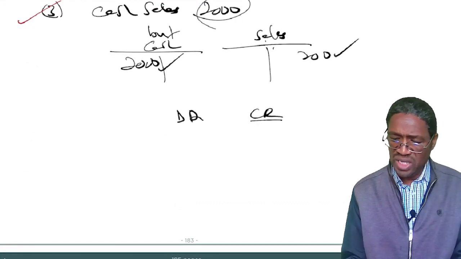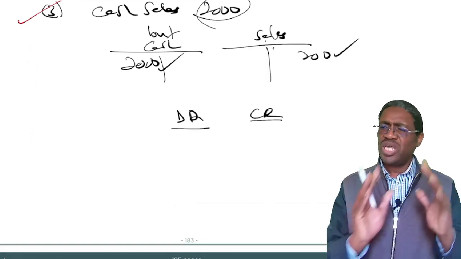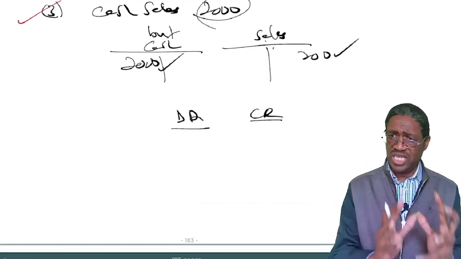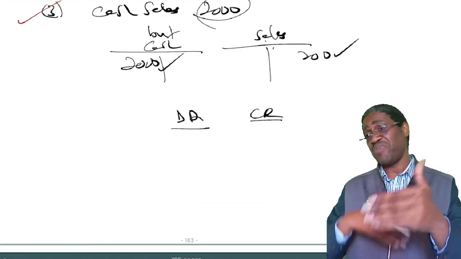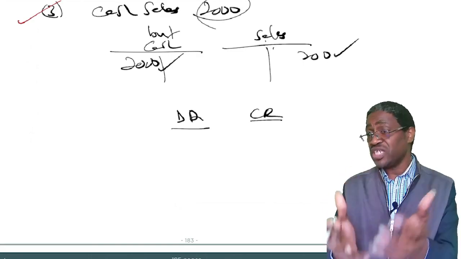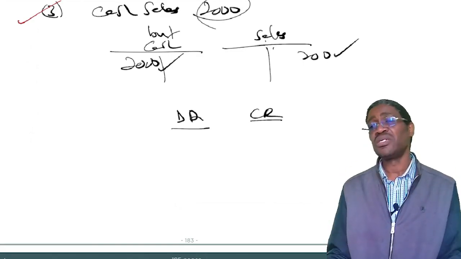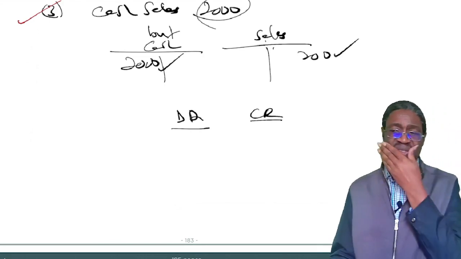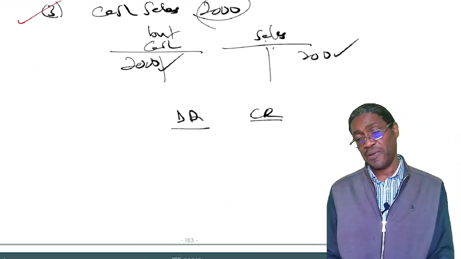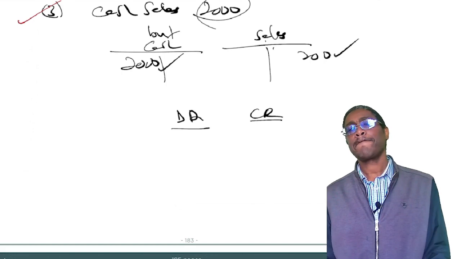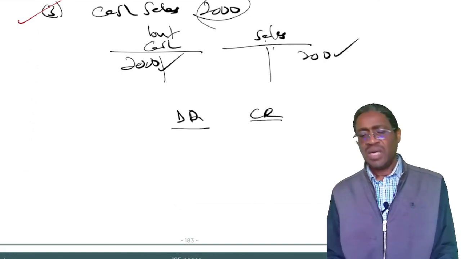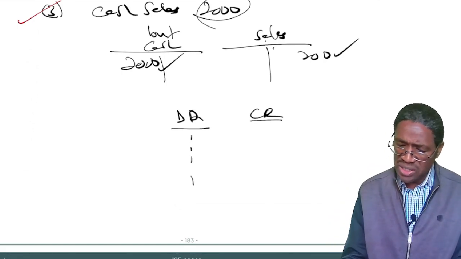By the end of the year, once you keep posting the transactions in the ledger accounts, we have done the topic of balancing accounts, extracting a trial balance. That's the topic we did in the concept of double entry. It was among the first topics. You have extracted this trial balance.